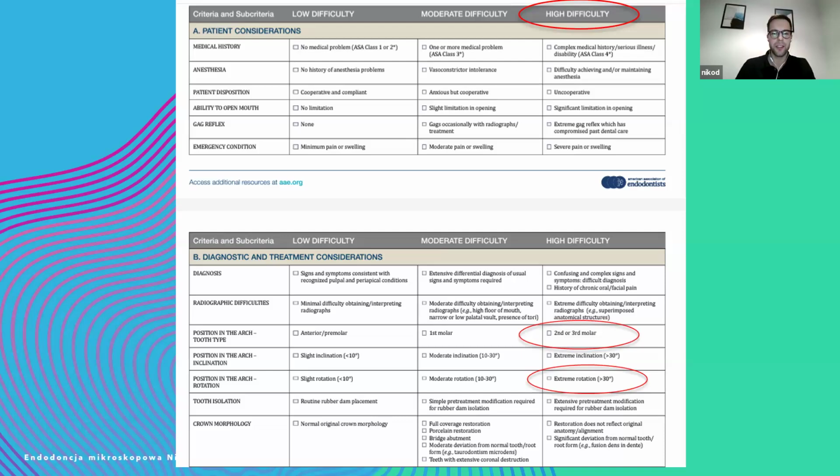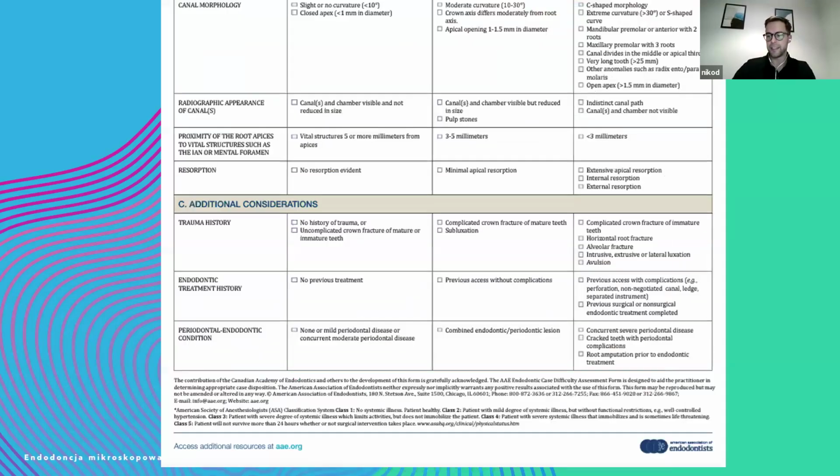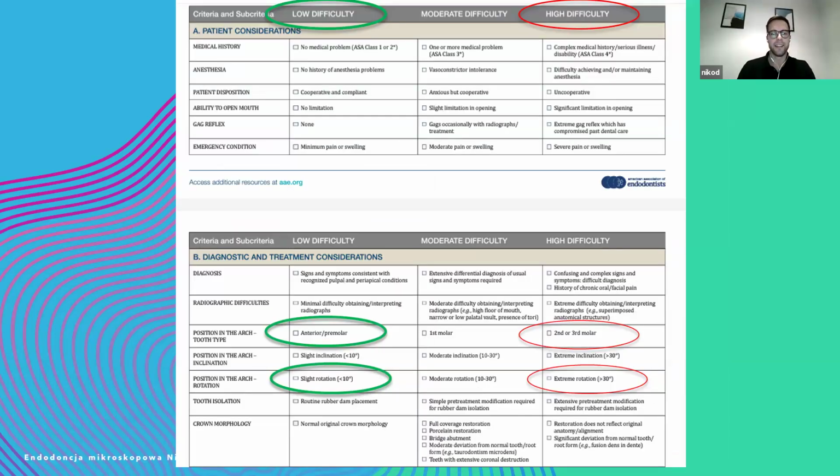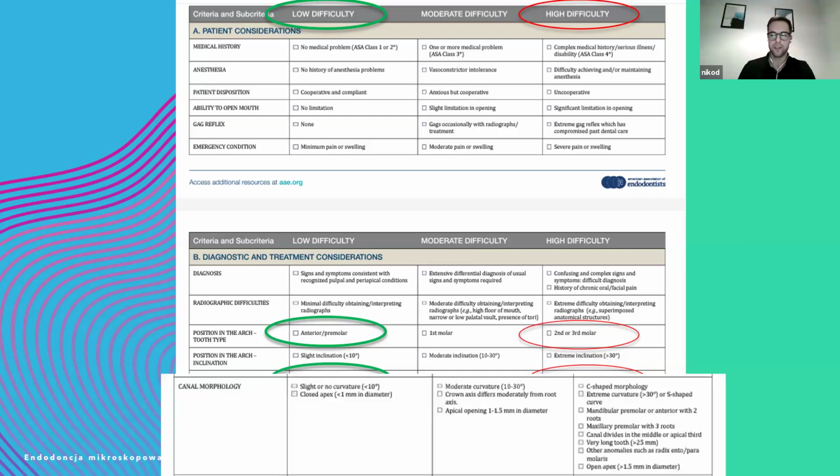But low difficulty is, for example, anterior teeth and premolars. Those cases will be better for young endodontists at the beginning than starting with high difficulty. So I recommend you read this article and at the beginning take low difficulty cases, but when you get a high difficulty case, maybe direct the patient to an endodontist.